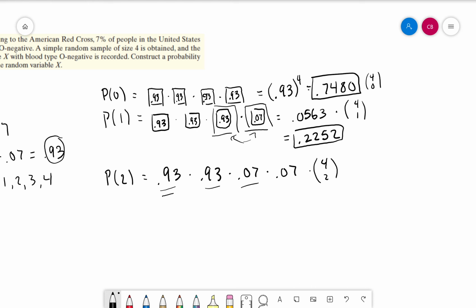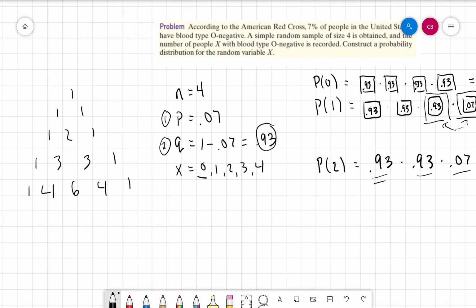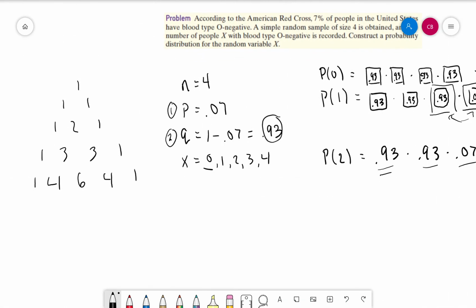And so we do the calculation here. This is 0.93 times 0.93 times 0.07 times 0.07, which is about 0.004. This is going to be times 6, because if we look at Pascal's triangle, this is 4 choose 0, 1, 2, 3, and 4 choose 4.